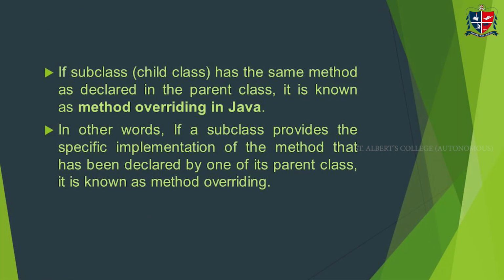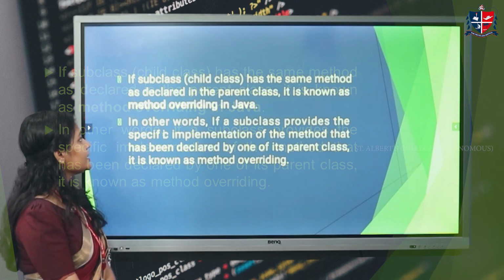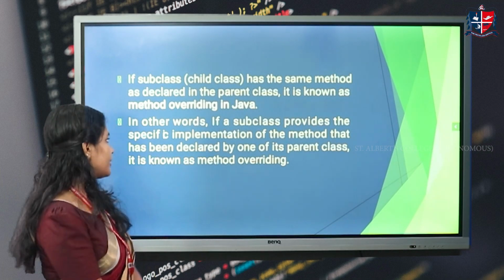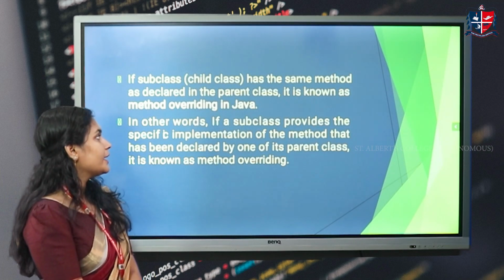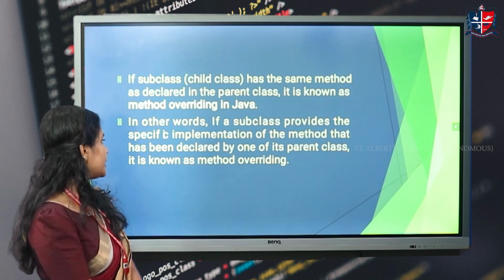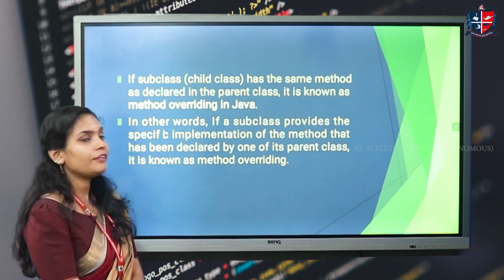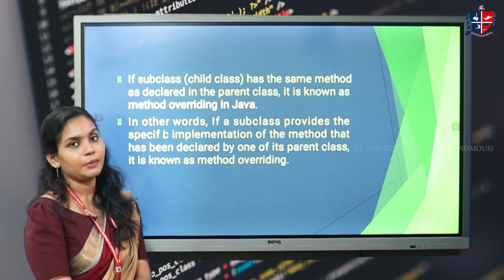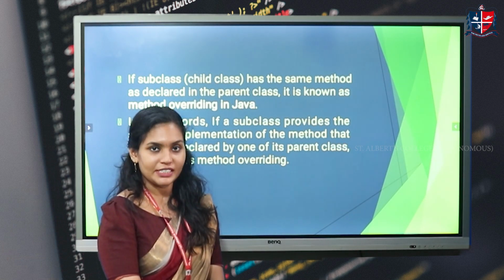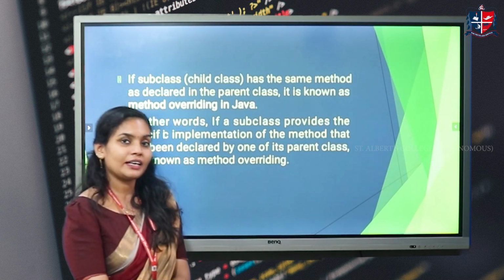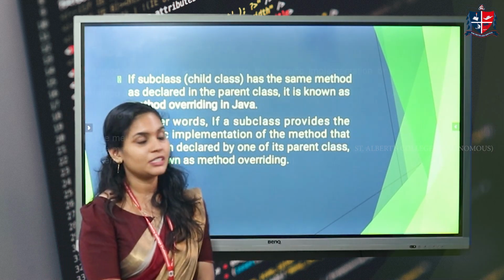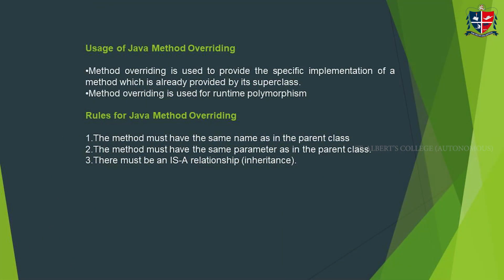If the subclass has the same method as declared in the parent class, it is known as method overriding in Java. In other words, if a subclass provides a specific implementation of a method that has been declared by one of the parent classes, it is known as method overriding. That means the parent class can already have the function, but the child class can have a specific implementation for it.